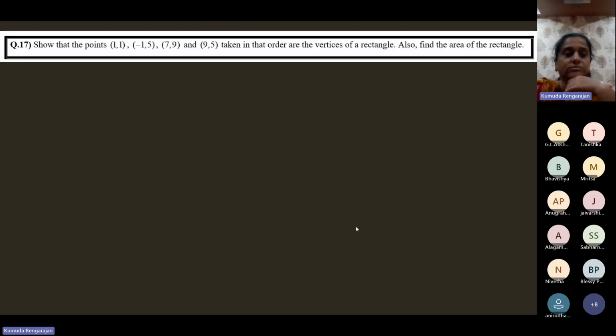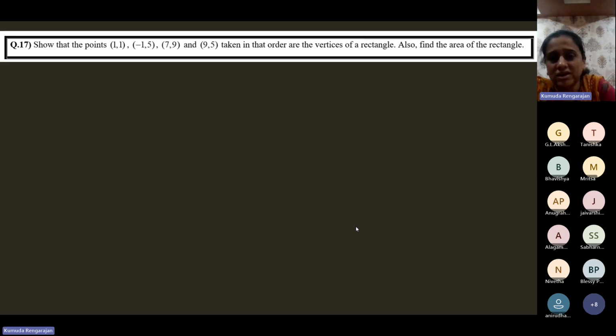So here, show that the 4 points given to you, taken in order, are the vertices of a rectangle. Also find the area of the rectangle. Now, if we show that opposite sides are equal, then it's a parallelogram.